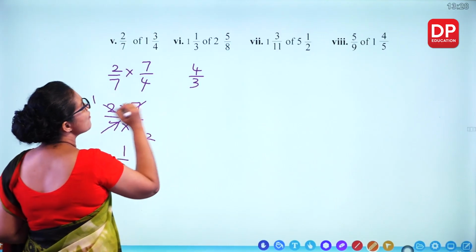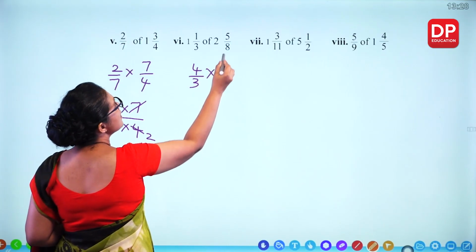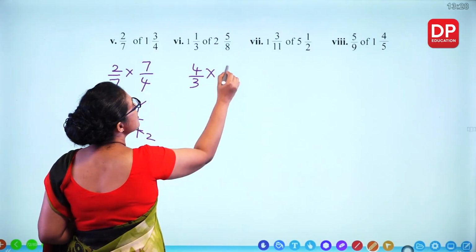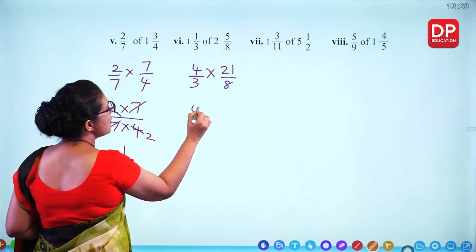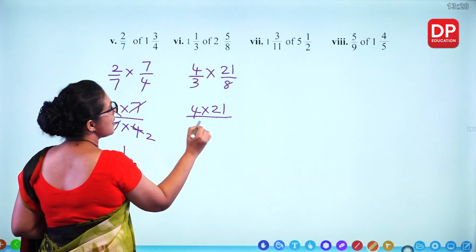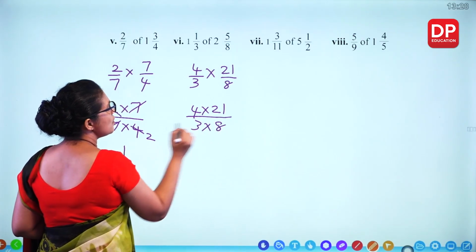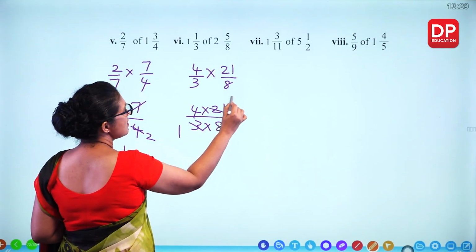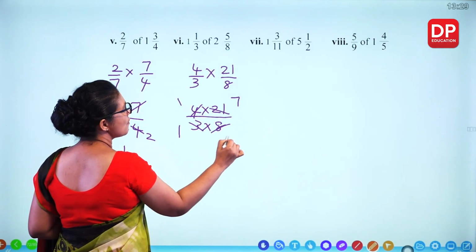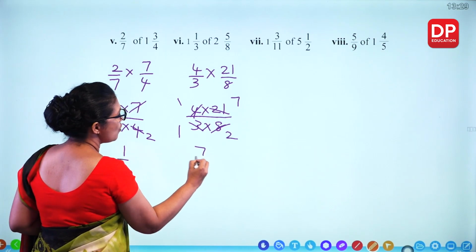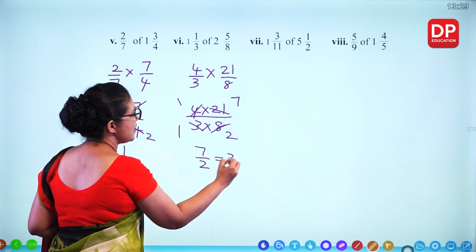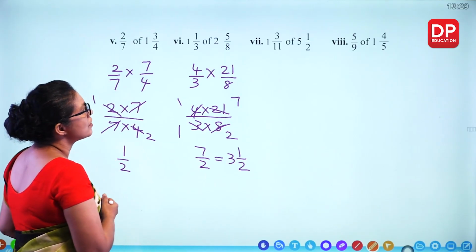Convert to improper fraction. 4 over 3. 2 and 5 over 8. 21 over 8. Simplify. First multiply separately the numerator and the denominator and simplify. 3 times 1, 7. 4 times 1, 4 times 2, 7 over 2. Convert to mixed number, 3 and half.